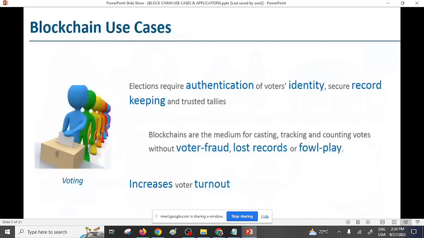So we can be seated at home, rest assured that the vote we cast is going to count at the end of the day without any malpractices, right? In our country, when we had issues, people were complaining that some information was being converted and so on. So it eradicates this.